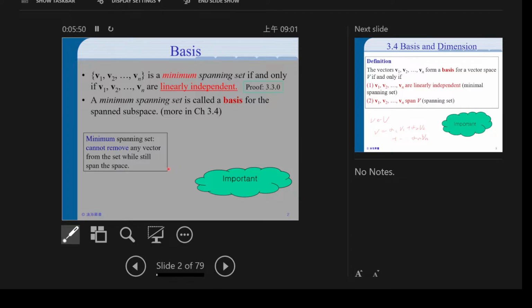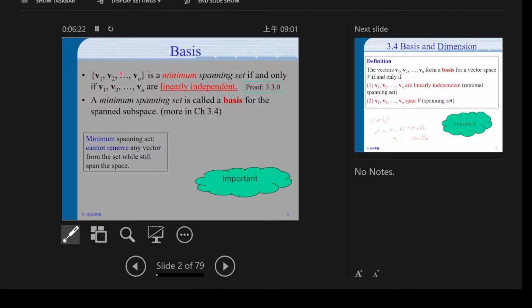So 3.4 is about basis, and as we said in 3.3, basis is the idea of a minimal spanning set. In 3.3 we discussed the minimal spanning set, a set of vectors where if you remove any of them, you are spanning a smaller set.